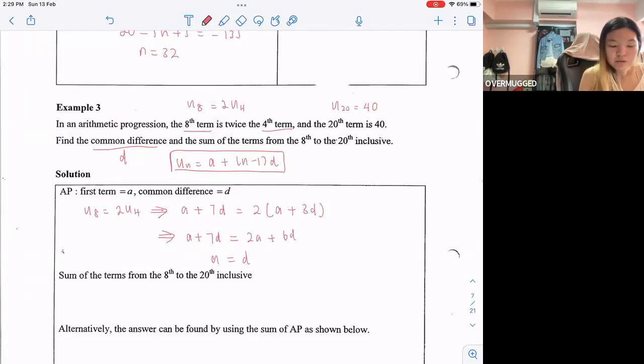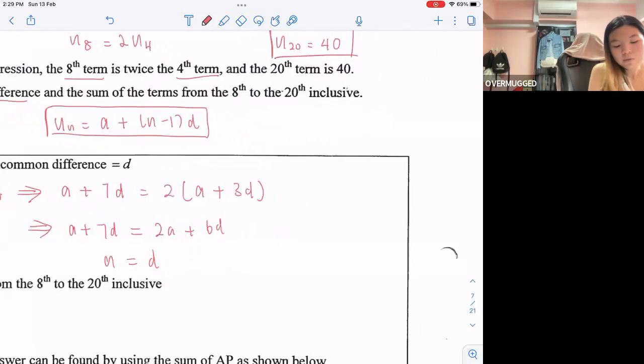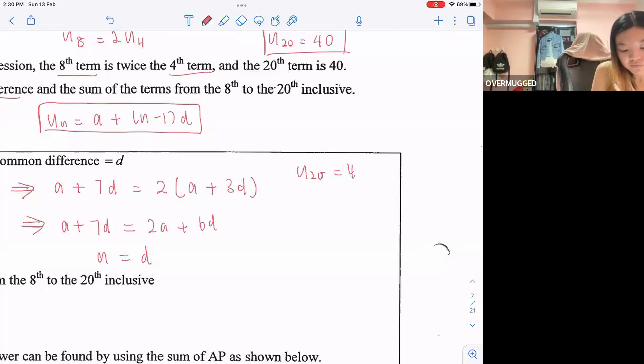The second clue tells you that U20 is 40. If U20 is 40, then U20 will be A plus 19D, which is 40. This is formula number 2, and the earlier one is formula number 1.